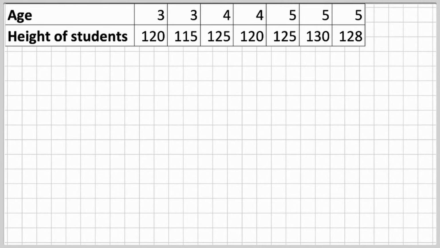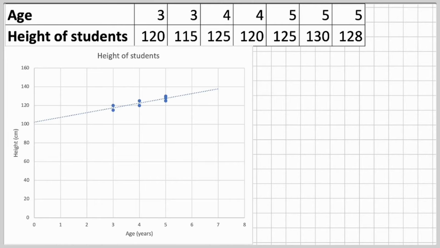What would be my logical next step? Let's go and plot it. I already entered a trend line for you, and as you can see, the coordinates lie very close to this trend line and very close to one another.